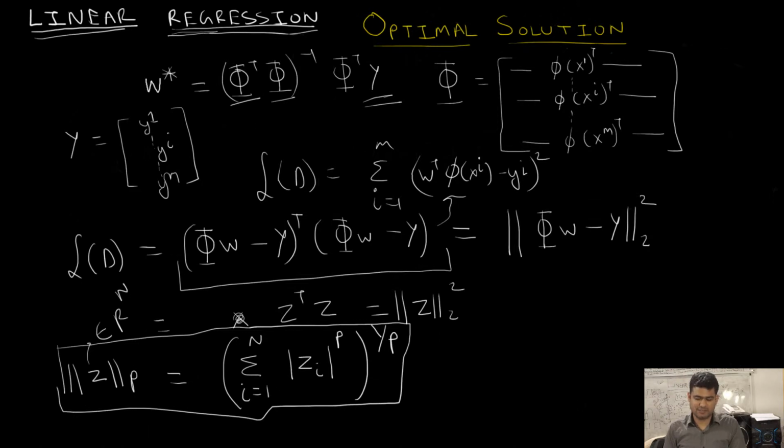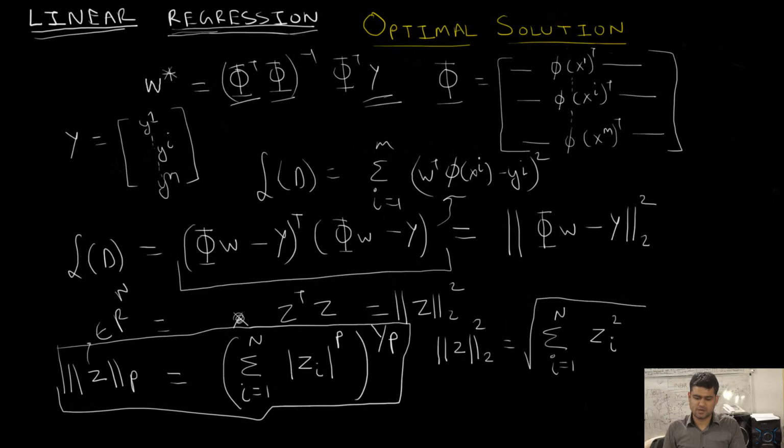So likewise, the L2 norm of a vector z would be the sum over i equal to 1 to n of zi square, and the square root of the whole thing.